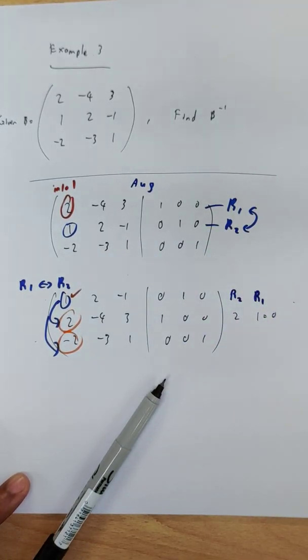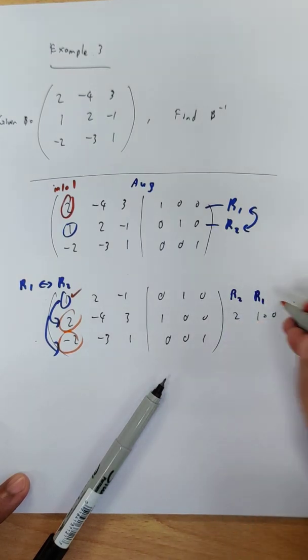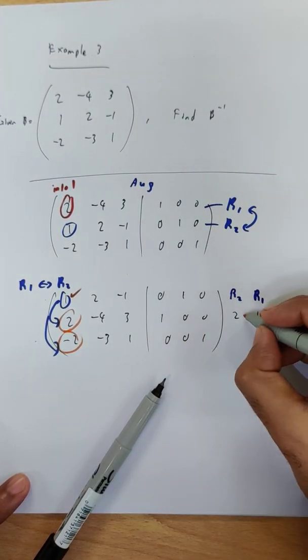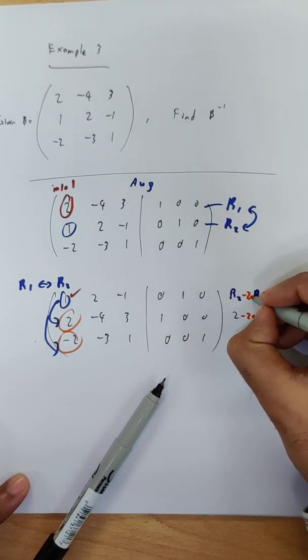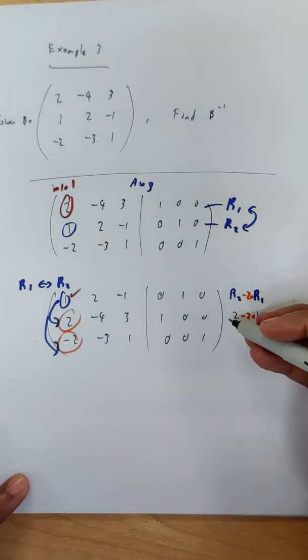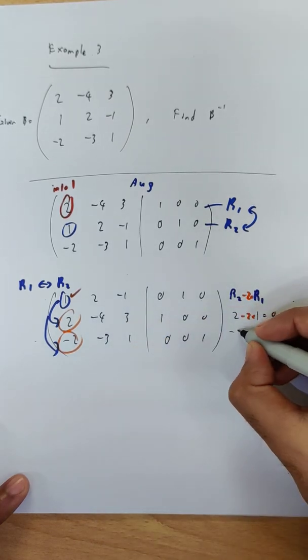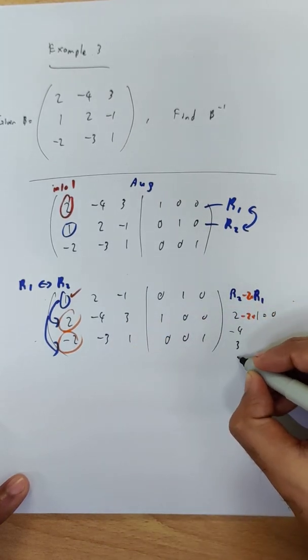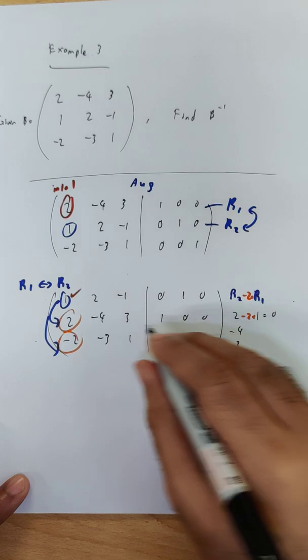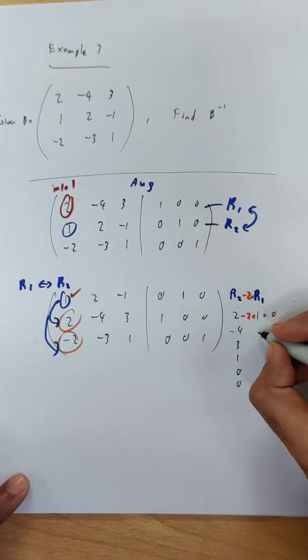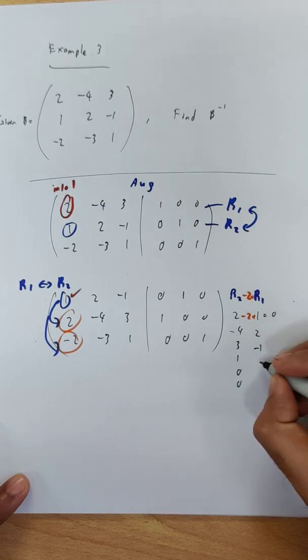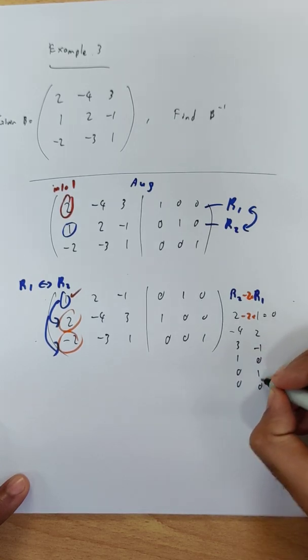So how do I get 2 and 1 into 0? How do they interact for me to get 0? I just minus 2 times over here. So minus 2 times. The rest of the numbers from row 2 is -4, 3, 1, 0, 0. The row that is attacking it is 2, -1, 0, 1, 0.